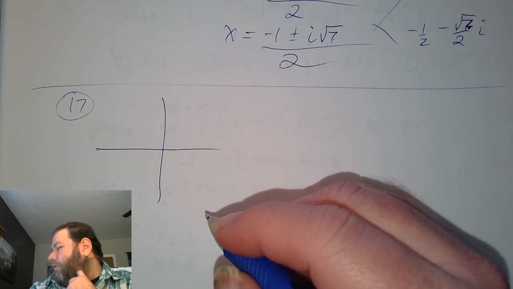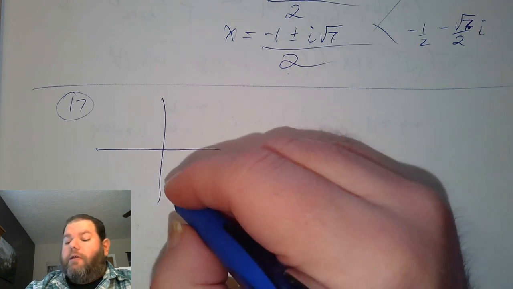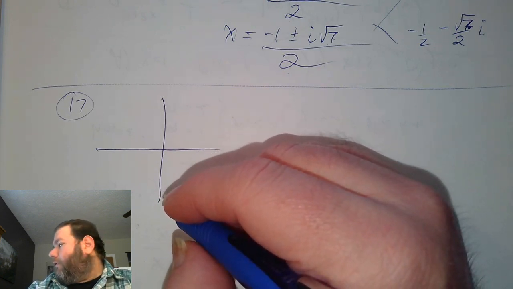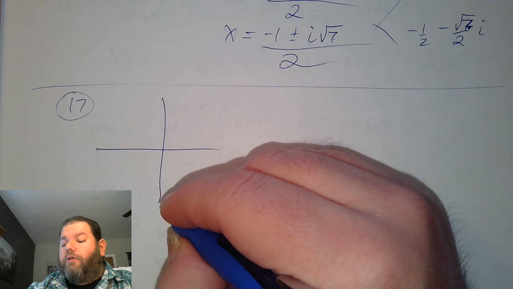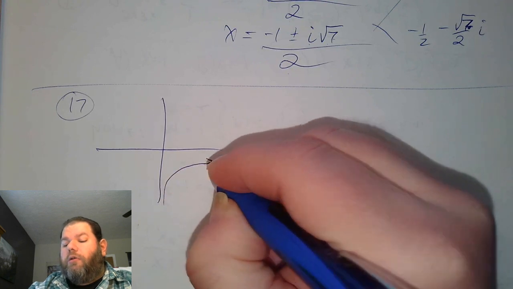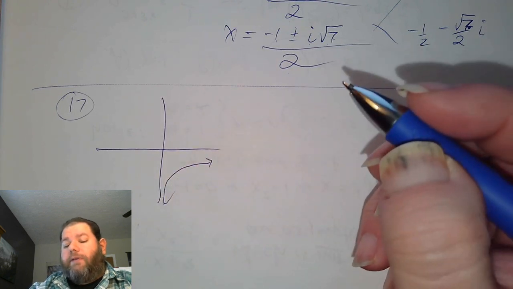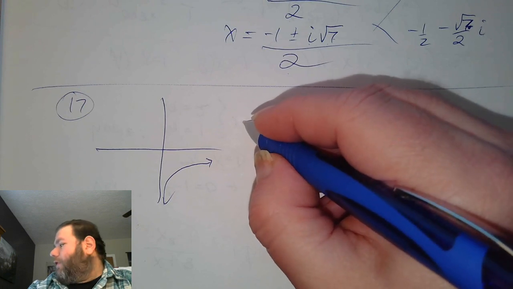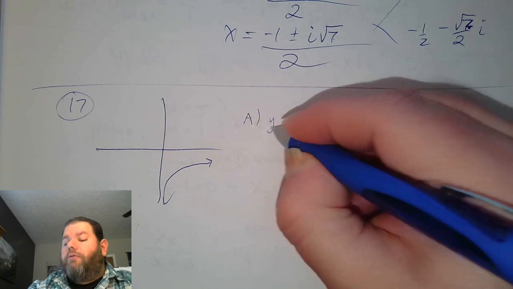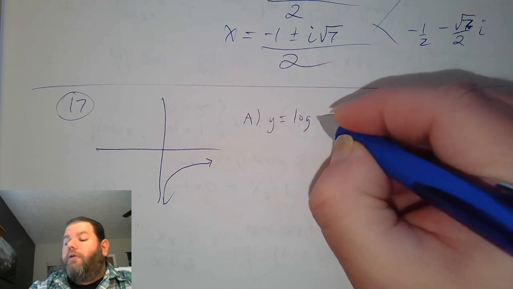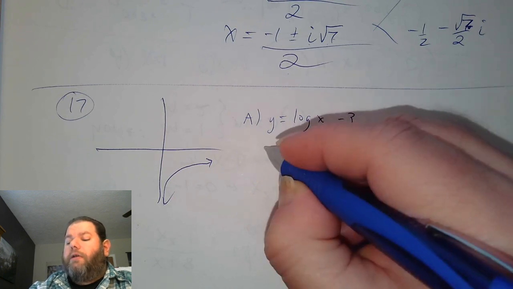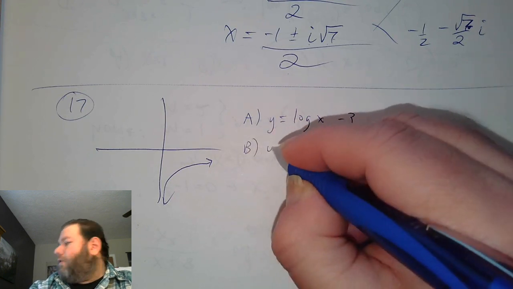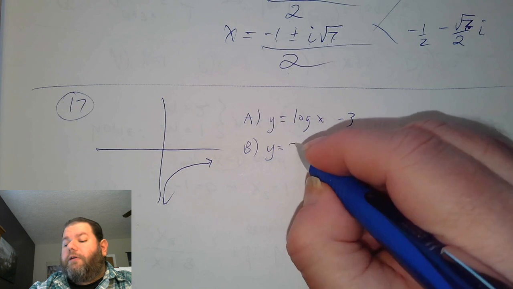So this one, we have a log graph, which looks something like this. And we have 4 answers. A, y equals log of x minus 3. B, y equals 3 minus log x.